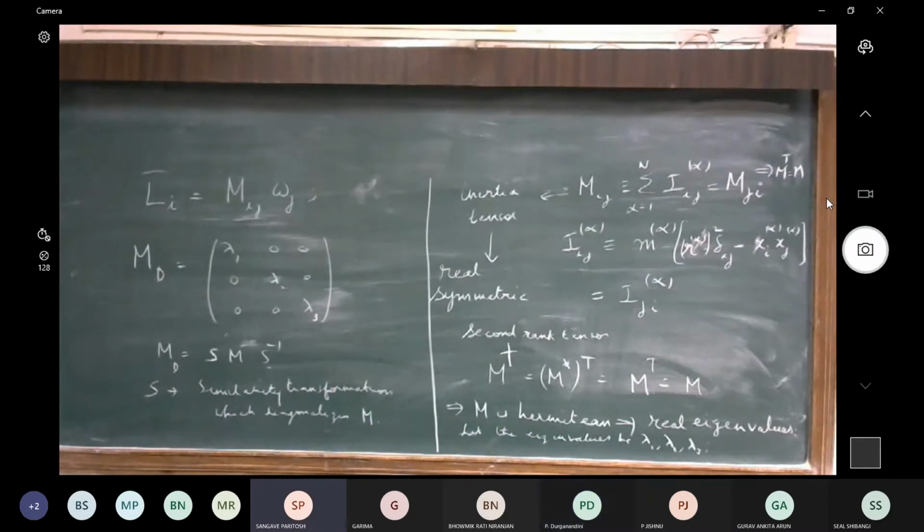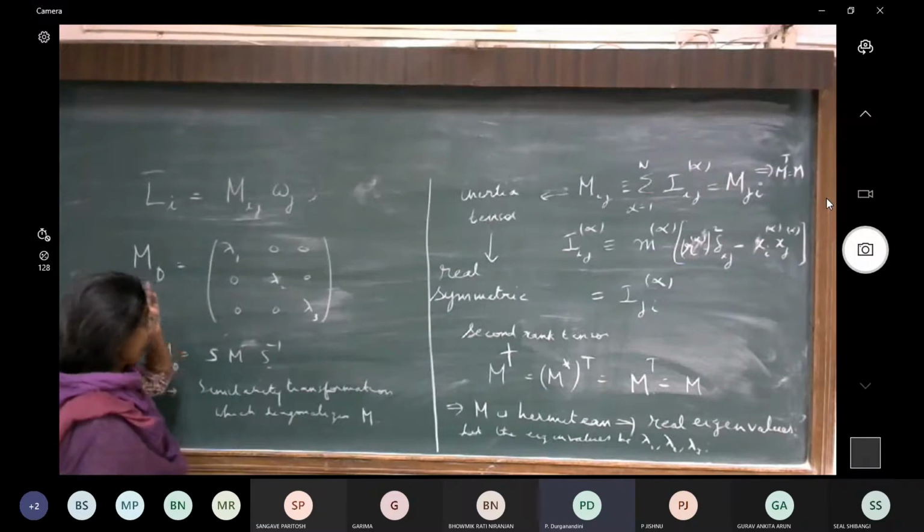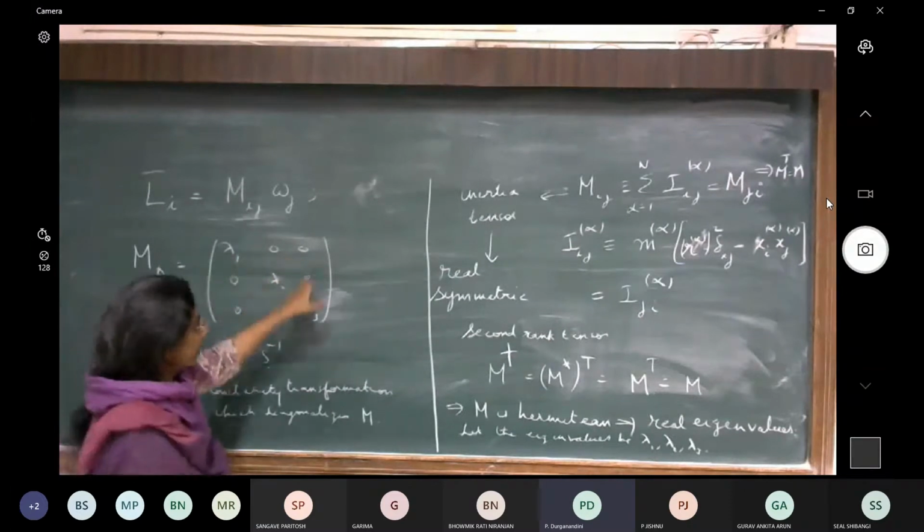First, we find the eigenvalues. Yeah, okay, correct. So once you know the eigenvalues, those eigenvalues themselves form the diagonal elements, and all the others will be off diagonal.